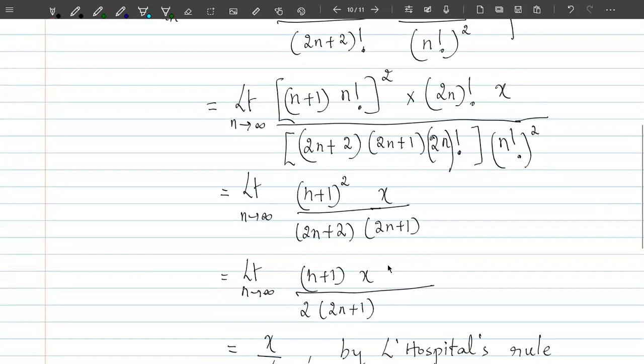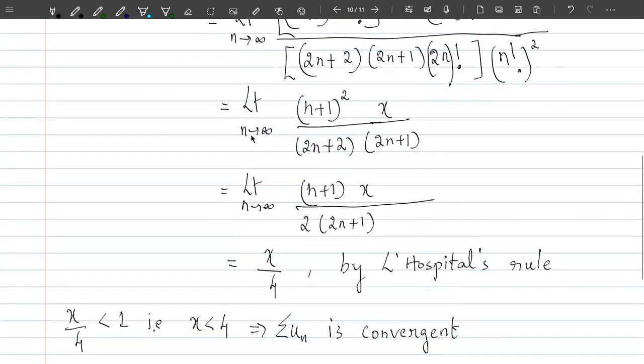After the cancellation, this is what I get: limit n tending to infinity, (n plus 1) whole square into x divided by (2n plus 2) into (2n plus 1). In the denominator, you have 2n plus 2, which can be written as 2 into (n plus 1). So that n plus 1 can be cancelled with (n plus 1) whole square. In the numerator, one term n plus 1 will remain, x will remain. Here I have cancelled that n plus 1, so 2 is remaining and I have 2n plus 1.